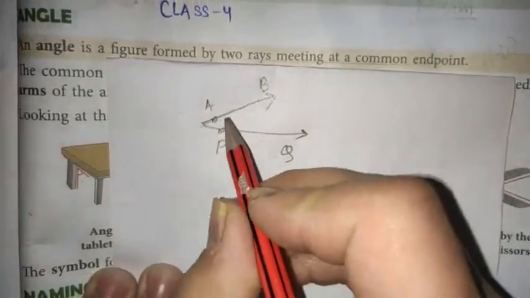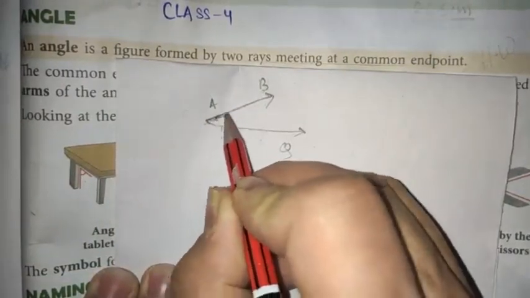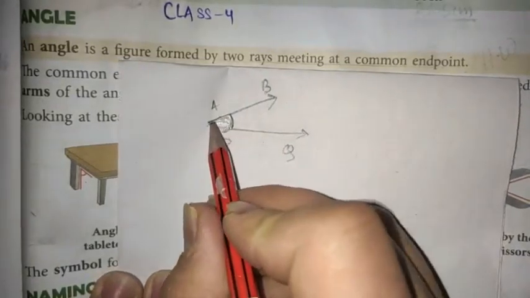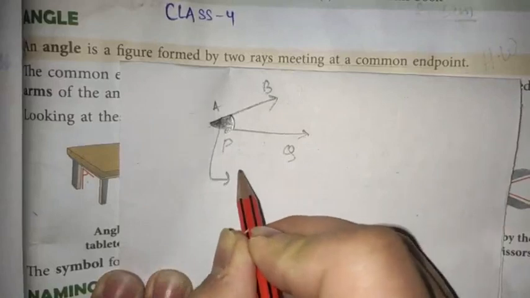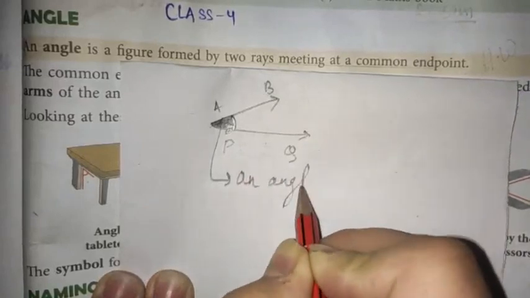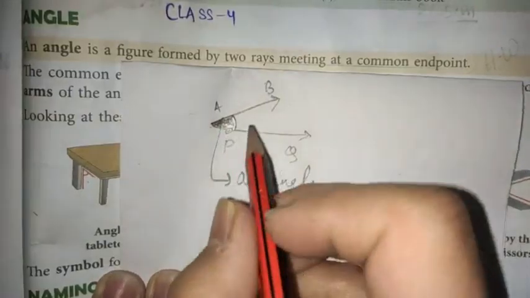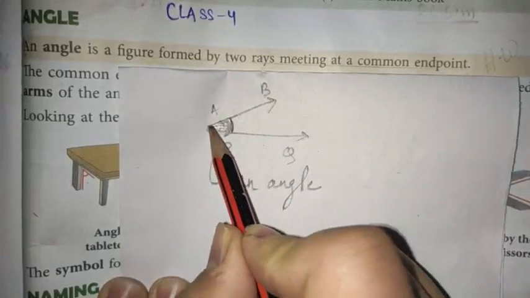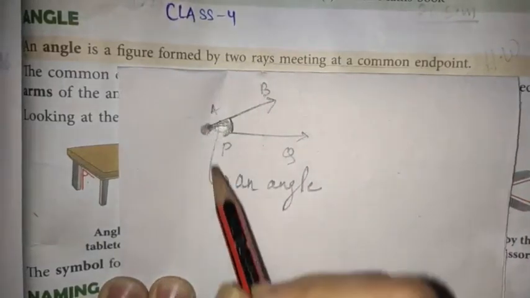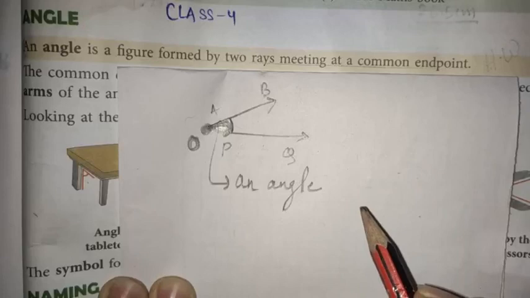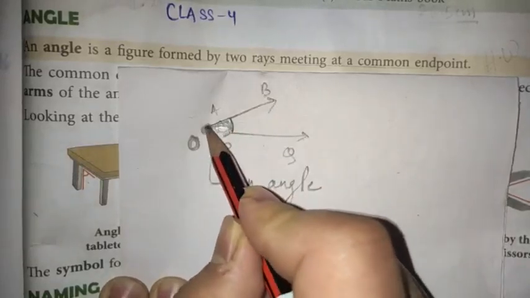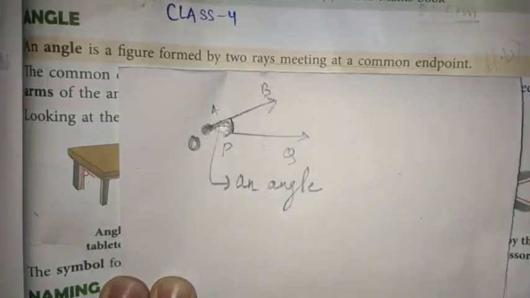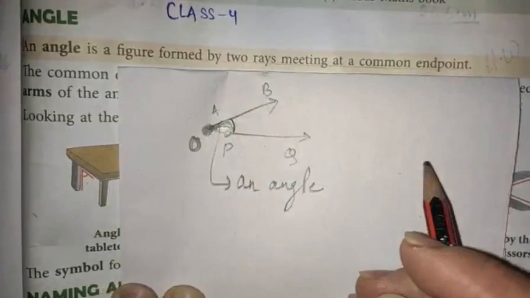If you see this shaded part properly, this will be considered an angle. When two rays meet at a common endpoint, say the name is O, the figure which is formed is called an angle.